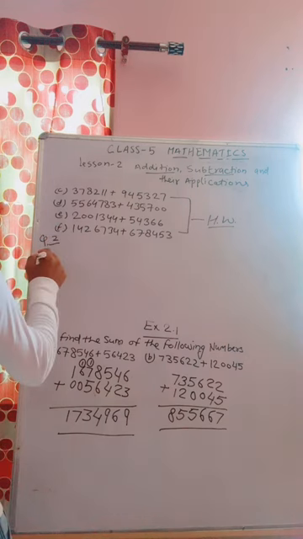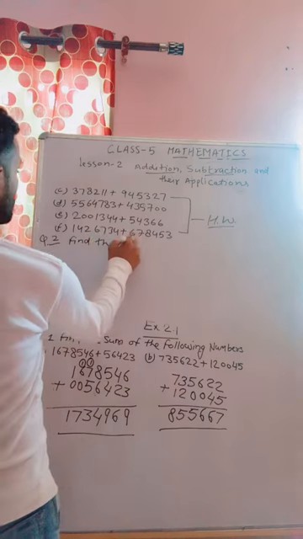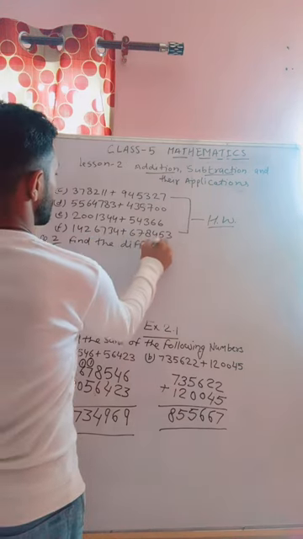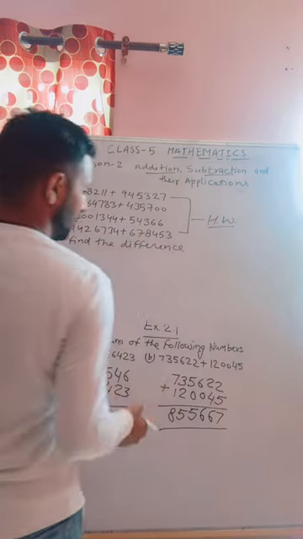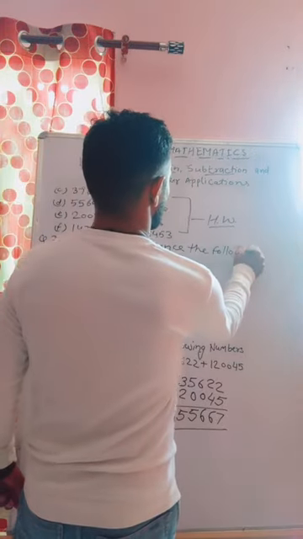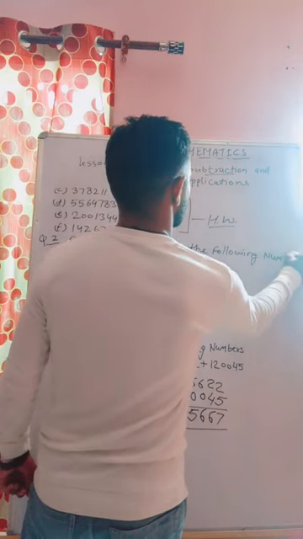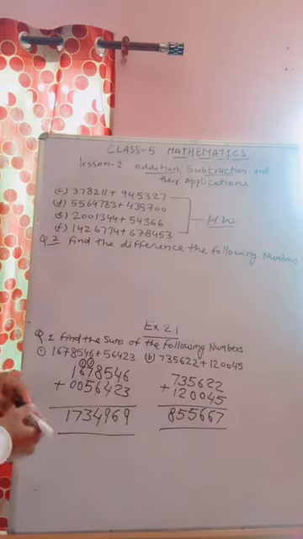The second question is: find the difference of the following numbers. Okay, what is the second question? Find the difference.